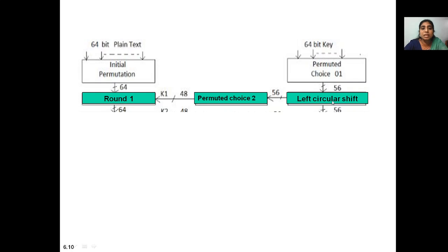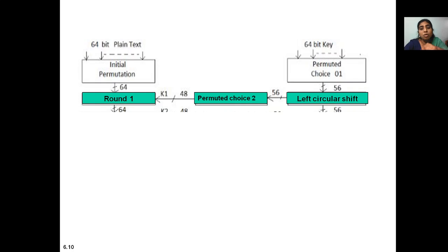The left circular shift depends upon which round we are in. If it is round 1, then we are going to shift by 1. If it is round 2, then also we are going to shift by only 1 bit. And the 16th round also shifts by only 1 bit.